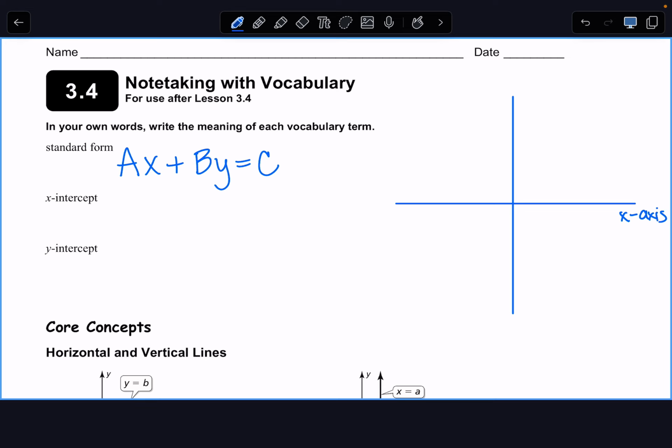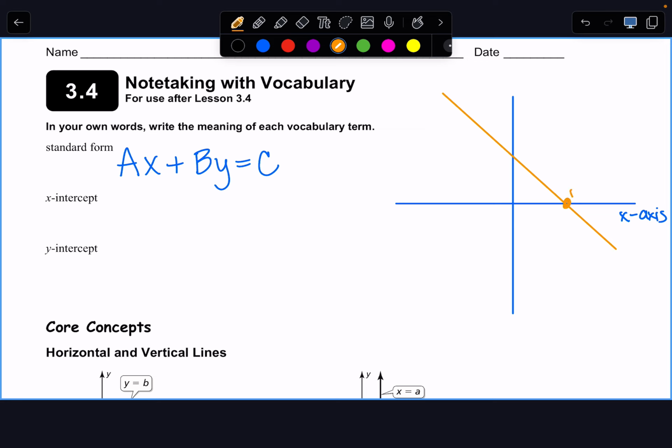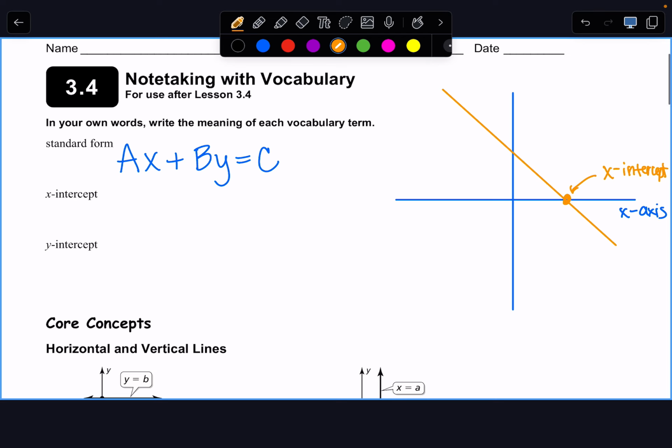So like if I have a line, then this would be my x-intercept. My y-intercept is where our line is doing what? Okay, where our line is meeting the y-axis.